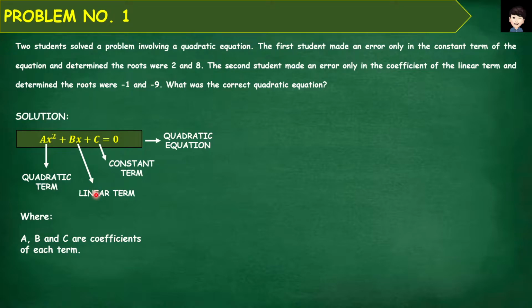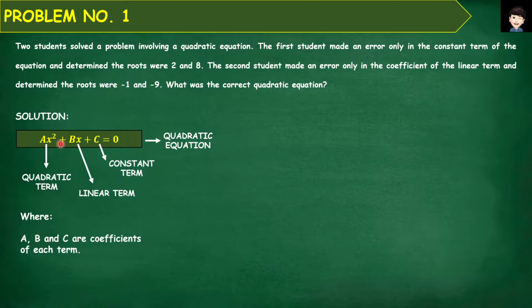So paano natin malalaman na kung ang equation na ito ay isang quadratic? So titingnan natin kung ano ba yung pinaka or highest exponent na makikita natin sa buong equation. So ito yun, 2. Ibig sabihin yung quadratic equation may dalawang x or dalawang roots na tinatawag.